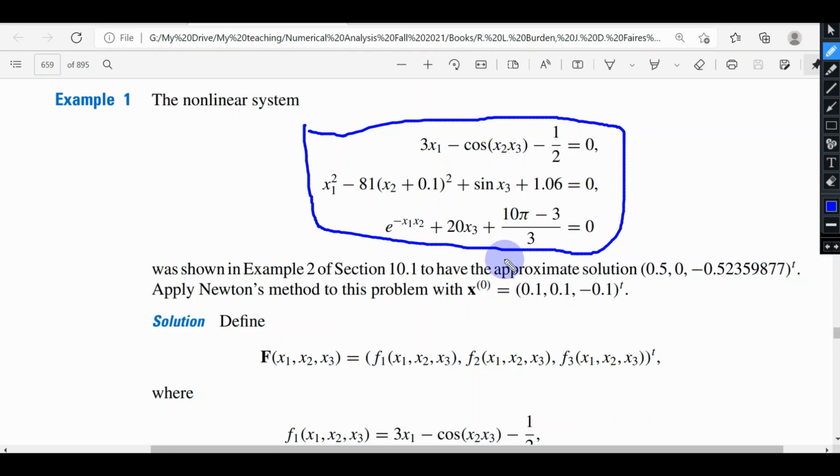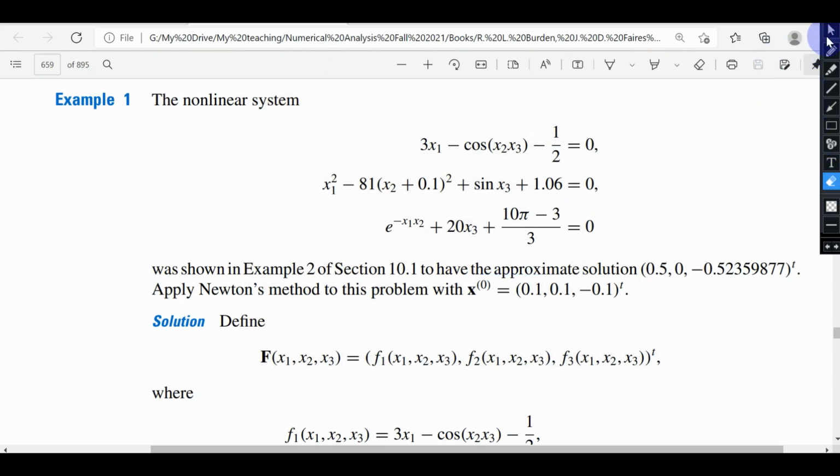We have to use this thing as our initial guess vector, and we have to apply the Newton iterative method. Okay, first of all, I have to write my big F. The capital F is going to be the vector which will contain all the small f's.